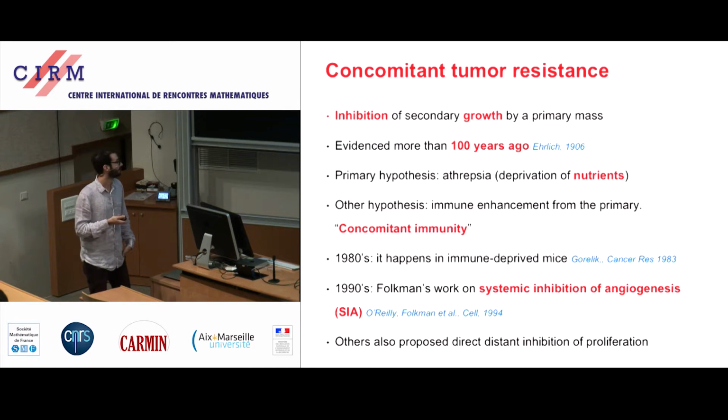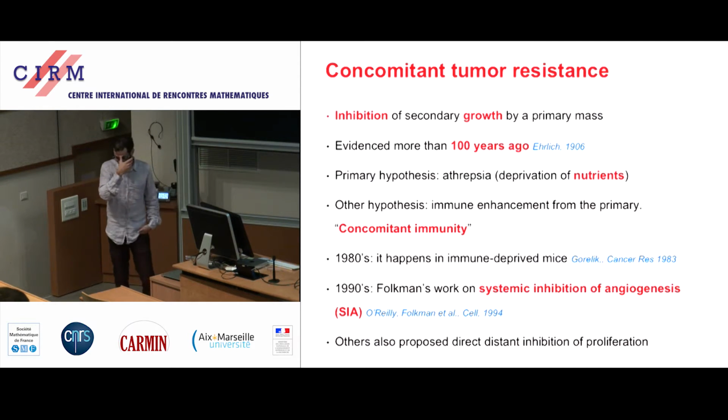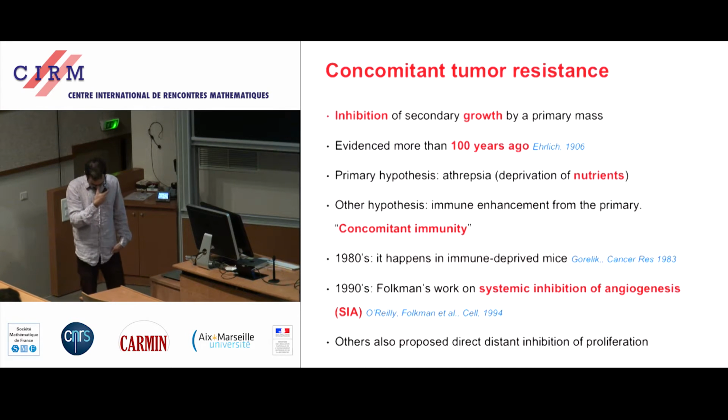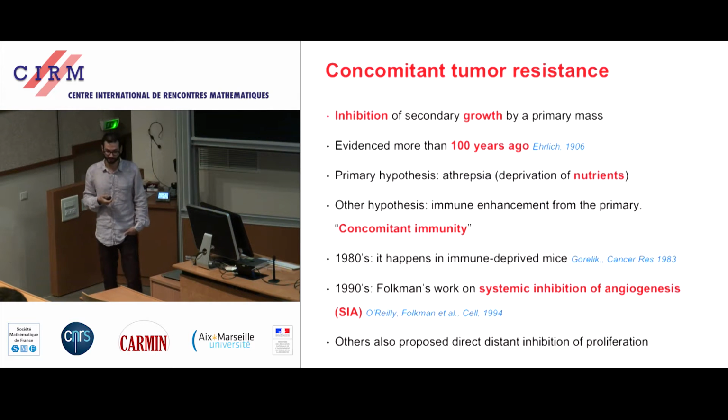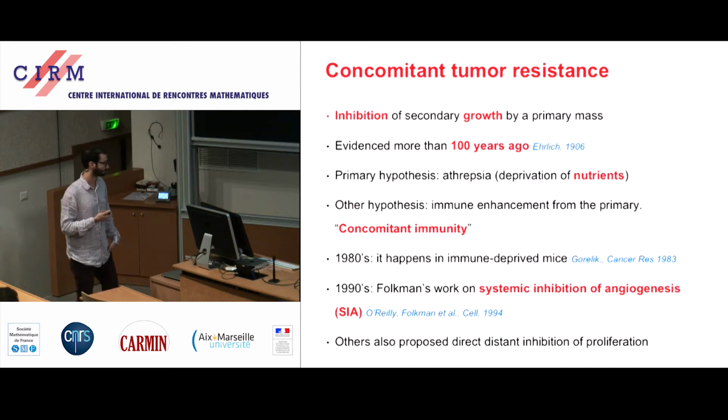And in the 90s, there is this seminal work of the team of Judah Folkman. As you probably know, Judah Folkman played an important role in the discovery of the importance of neoangiogenesis and its inhibition in tumor growth.